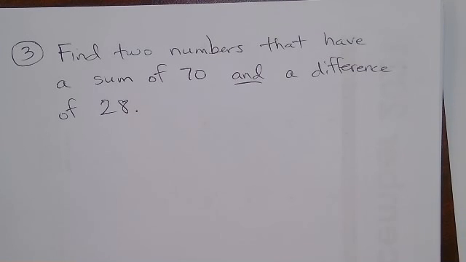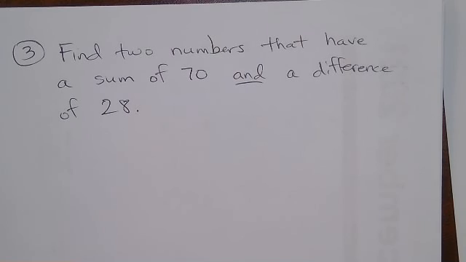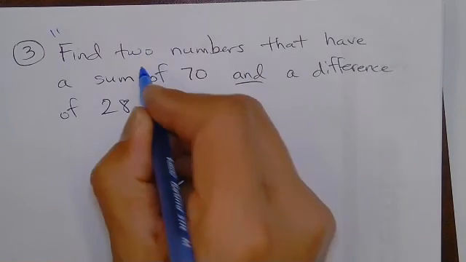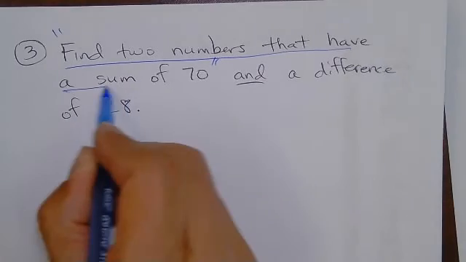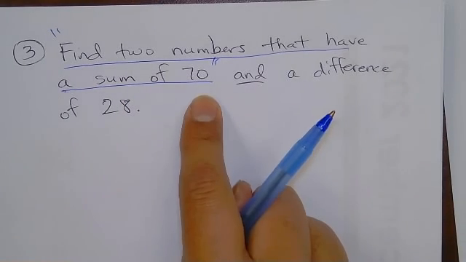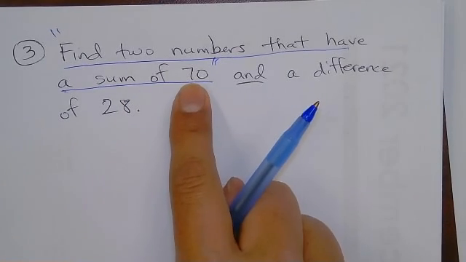Well, this is just one sentence. Usually, one sentence is one equation and the other sentence is the other equation. But here they're able to pull two equations out of this one sentence. Anybody got the first one? x plus y is equal to 70. Everybody agrees?